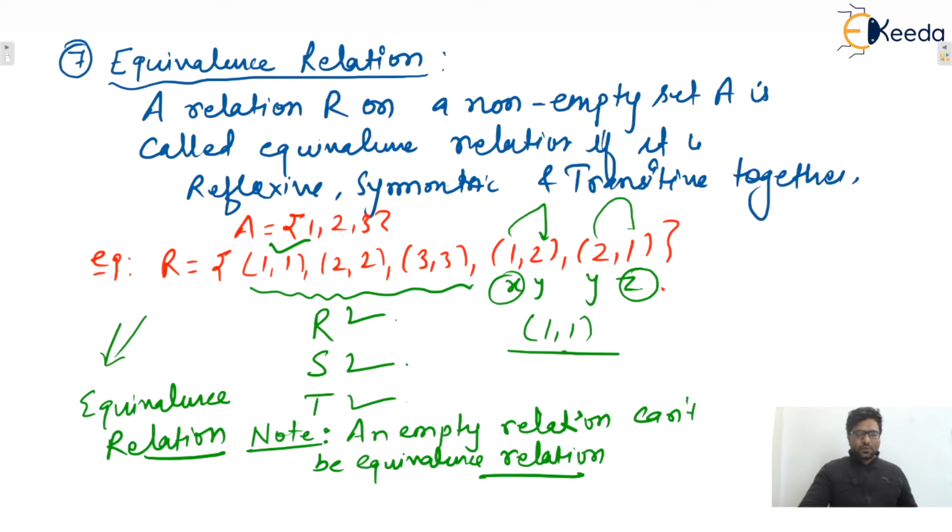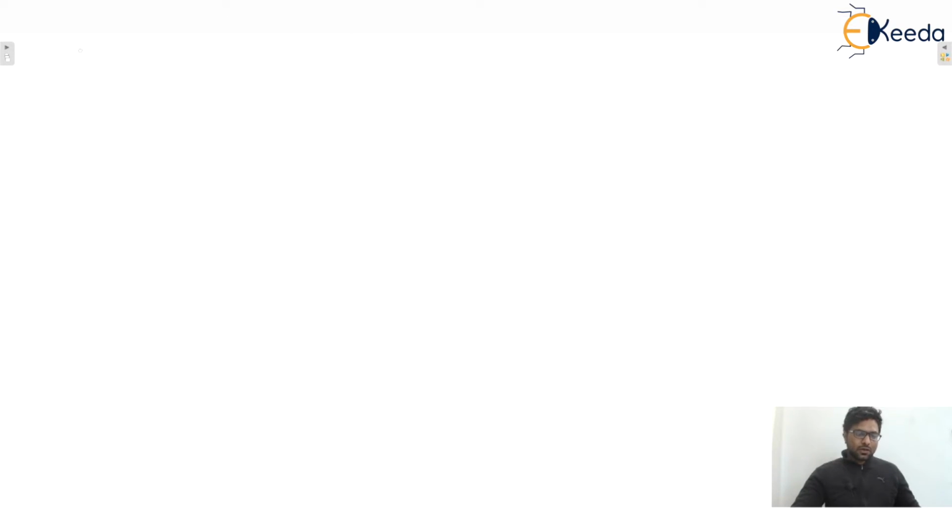Okay, next one, you only tell me. Next, in the continuation, the next type is what? That is the partial order relation. That is the eighth one.